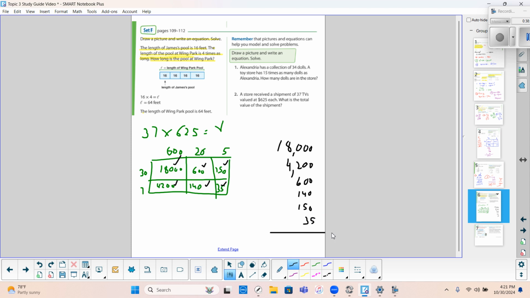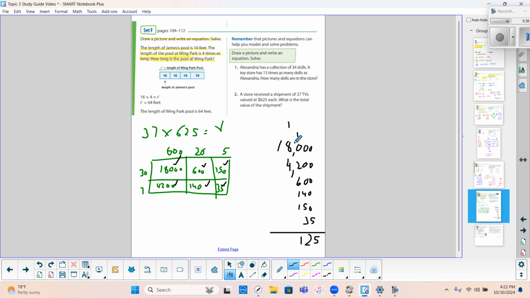Add it all together. 0 plus 0 plus 0 plus 0 plus 0 plus 5 is 5. 0 plus 0 plus 0 plus 0 plus 0 plus 0 plus 4 plus 5 is 9 plus 3 is 12, so put a 2 there. Carry the 1. 1 plus 0 is 1, plus 2 is 3, plus 6 is 9, plus 1 is 10, plus 1 is 11. Put a 1 there.